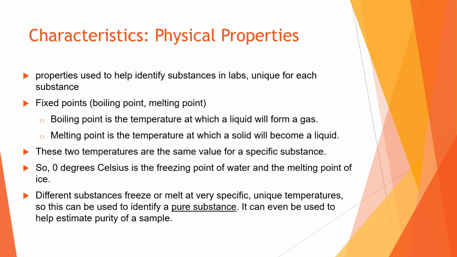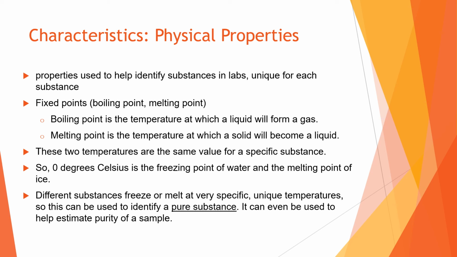Characteristic physical properties. Properties used to help identify substances in labs, unique for each substance. This is saying that there are specific properties that are fixed for specific substances, or very unique for a specific substance. Substances tend to have fixed points. This includes the boiling point and the melting point.